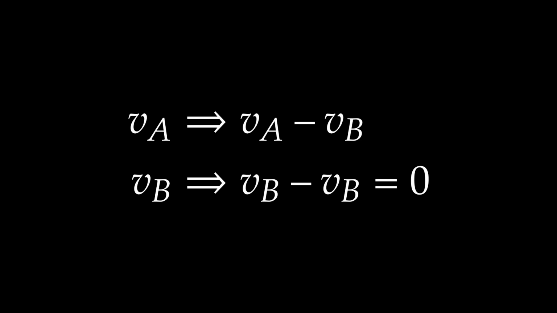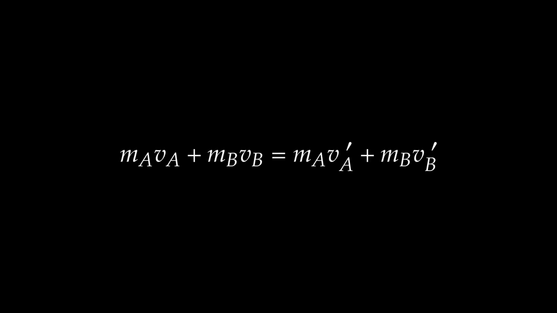I'm going to do a little bit of algebra again. I'm going to start with my conservation of momentum: MA VA plus MB VB is equal to MA VA prime plus MB VB prime. That's the law of conservation of momentum. And now I am not going to tinker with it in such a way that I have equal masses or equal velocities. I'm not going to set anything equal to 0.